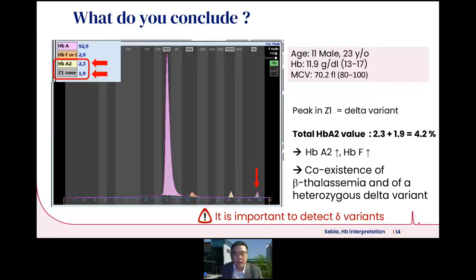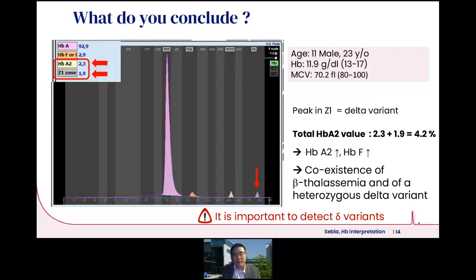In this instance, the profile looks like the hemoglobin A2 is being split. So very likely there should be a delta variant that's present. However, the delta variant is not supposed to give you a clinical presentation of lower hemoglobin or MCV.